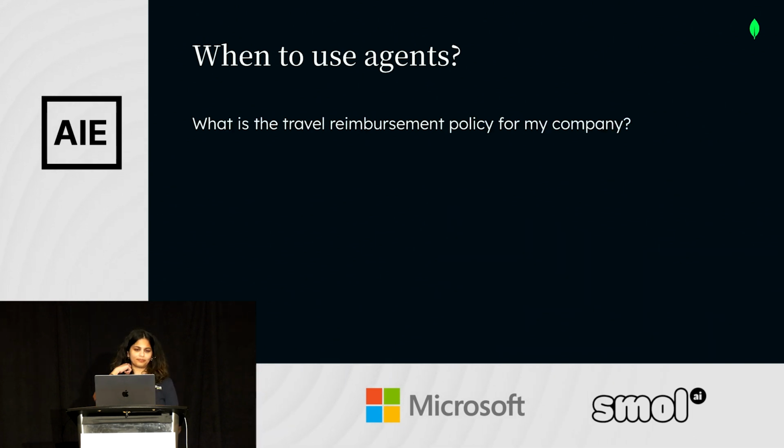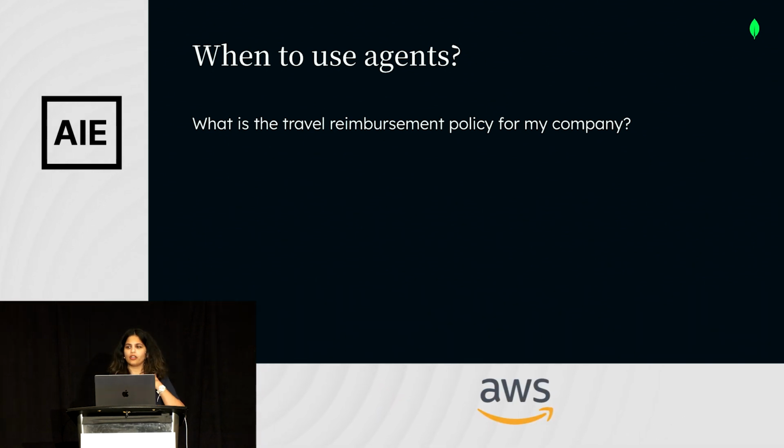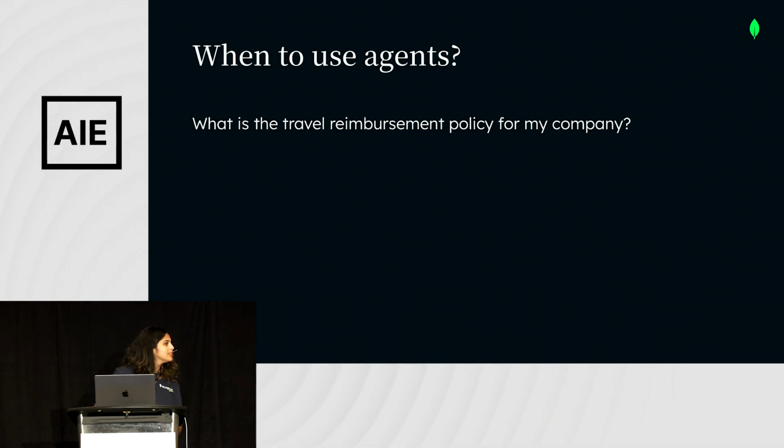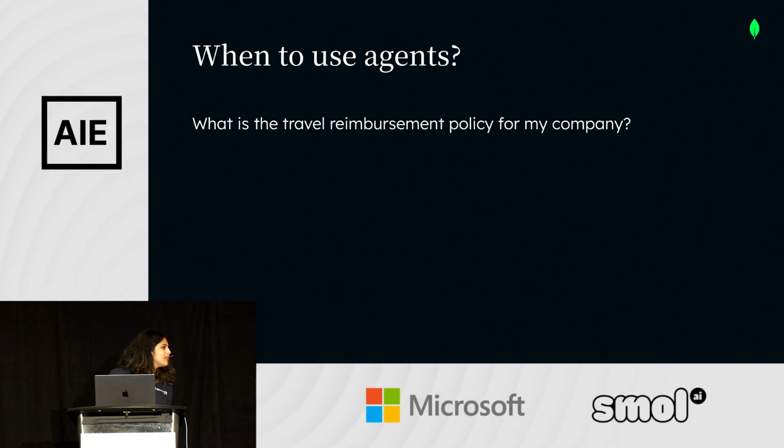How about this one? What's the travel reimbursement policy for my company, MongoDB, or your company? Do you think this task requires an AI agent? Two-step process? Yes. What are the two steps? First, you need to disambiguate who is asking, because the policy will depend on the location of the employee.